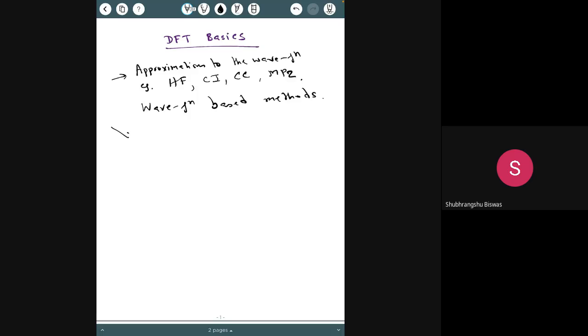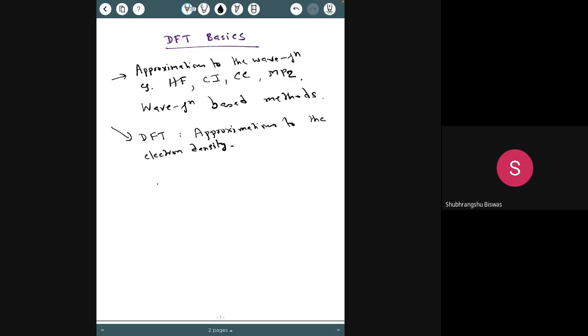On the other hand, in DFT, you try to take approximations to the electron density. So what is the electron density?